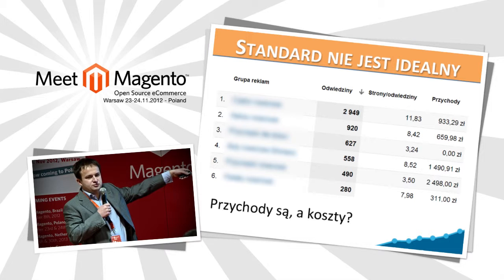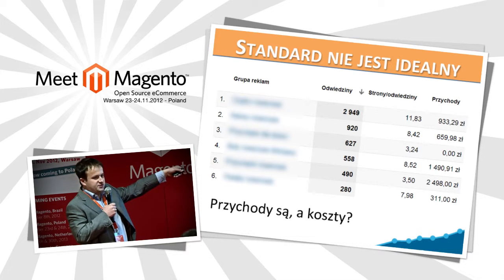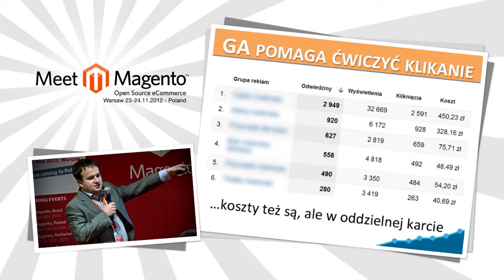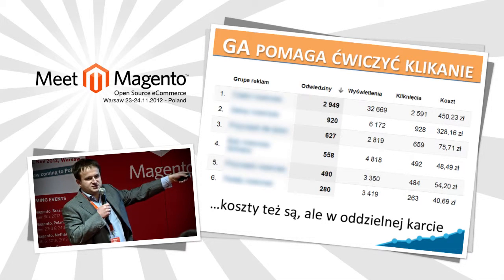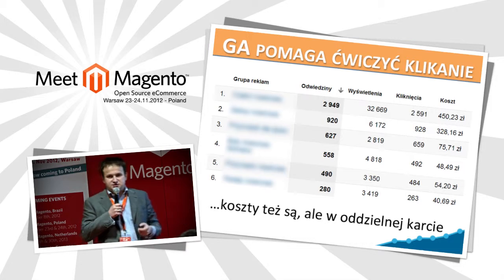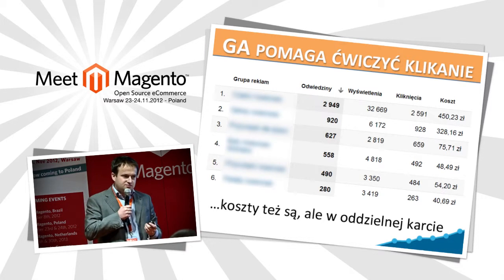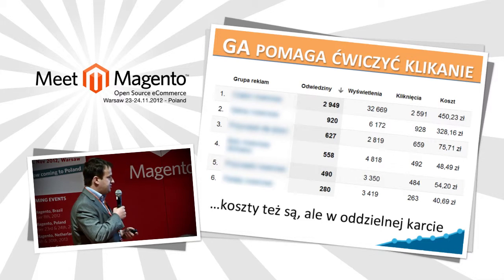From this table, you did not know how much it cost you to buy this traffic. You can check the cost elsewhere, but there you do not see revenue in the standard table. So to compare it, you need to use certain combinations.